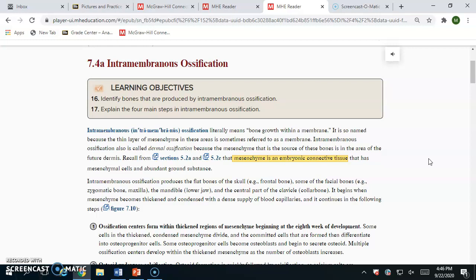And then the central part of the clavicle, or our collarbone, will also. So not a lot of bones, and they're mainly the ones in our head, and then of course the clavicle's part of our upper limb. But the rest of them are more in the head, and it's not every one of them.